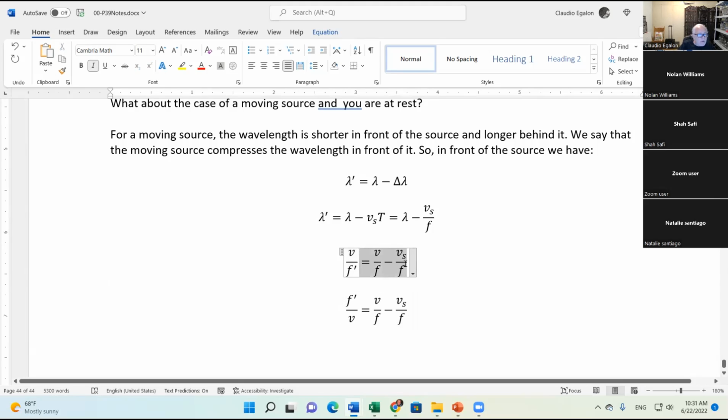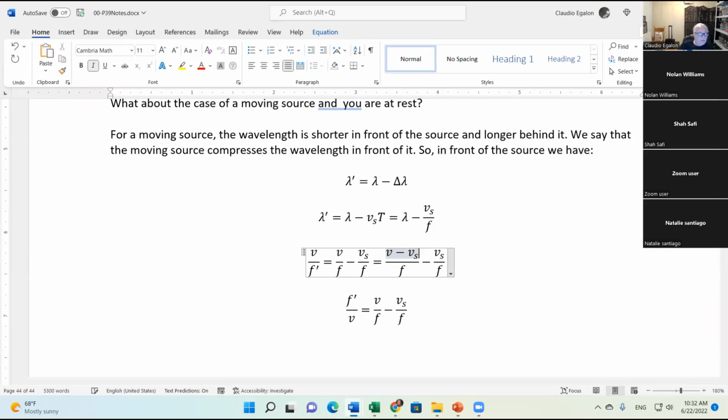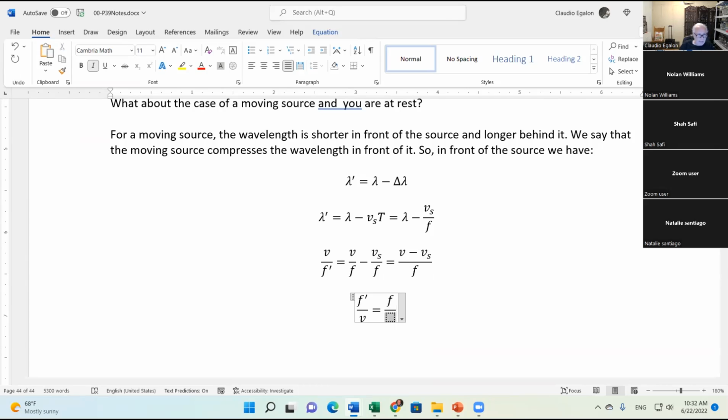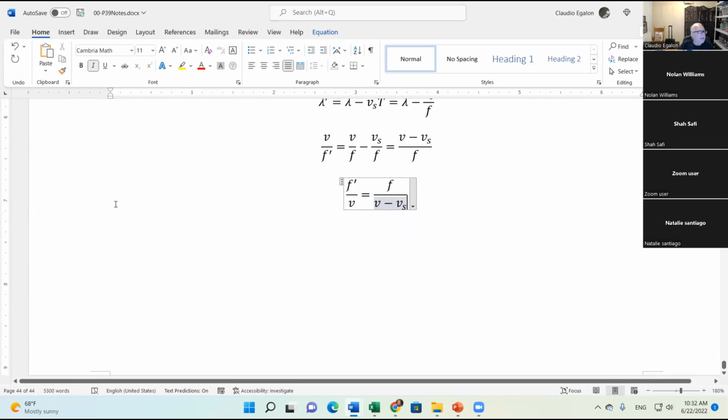Oh, I'm going to go one more step here. V minus V of the source. Yeah, one more step here, and now we can invert it more easily. There's going to be F of V minus Vs. Okay, and here we go.